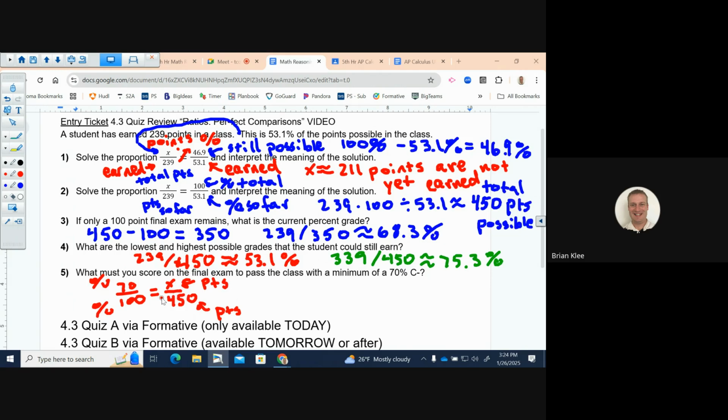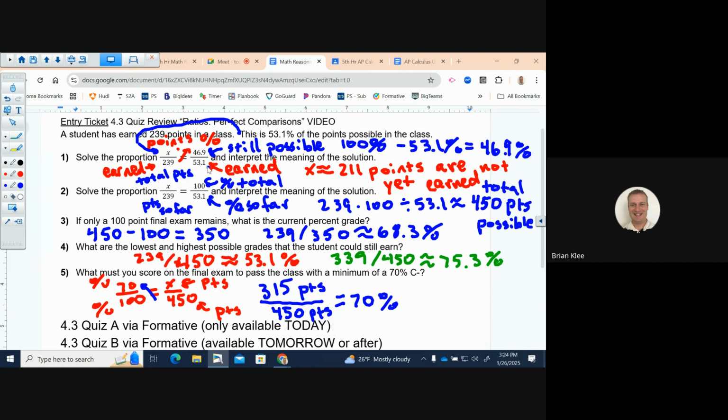Okay, so cross multiply 450 and 70, and then divide by 100. 315 points. And we can double check this. 315 out of 450 points equals the 70% minimum. And it's 0.7 on your calculator, slide the decimal over 2 times to get 70%.